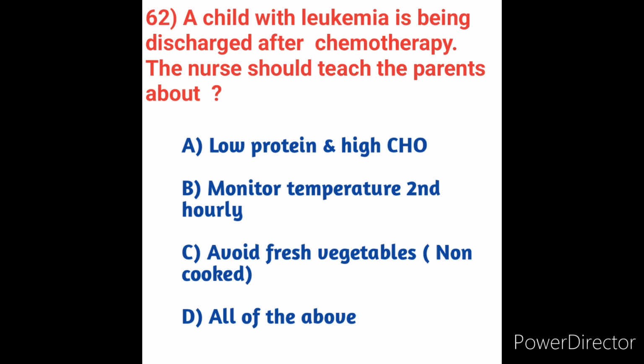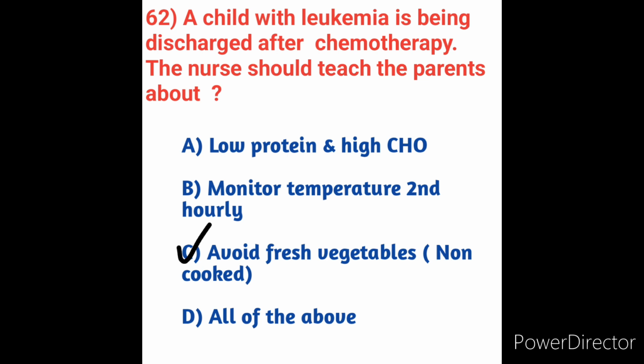A diet low in protein is not indicated, and humidifiers harbor fungi in the water they contain. So we have to take care of this. So the nurse should teach the parents of the leukemia child, after the chemotherapy, to avoid fresh, non-cooked vegetables.